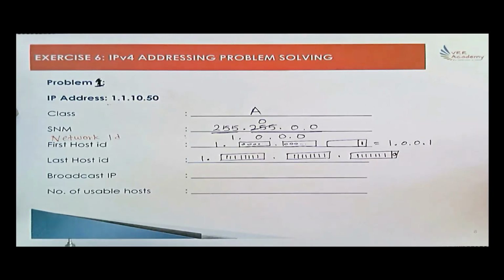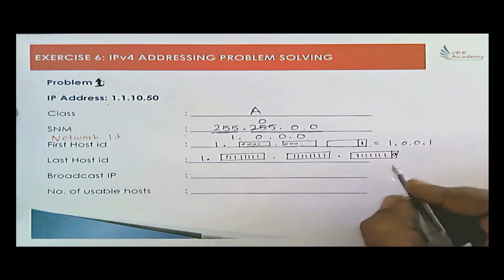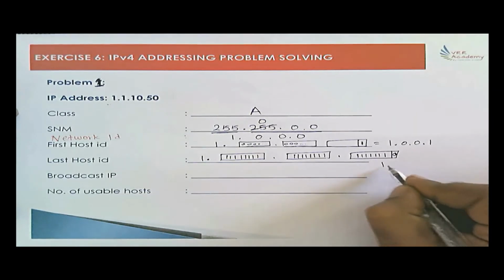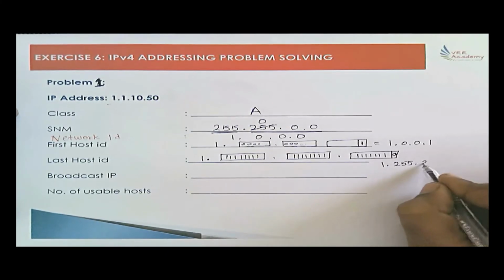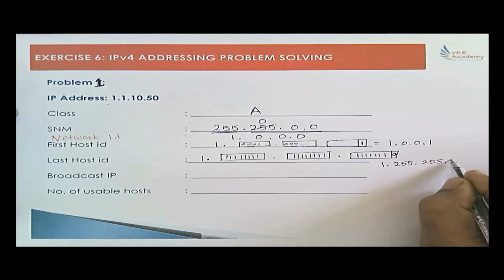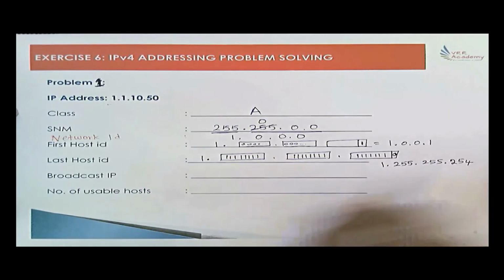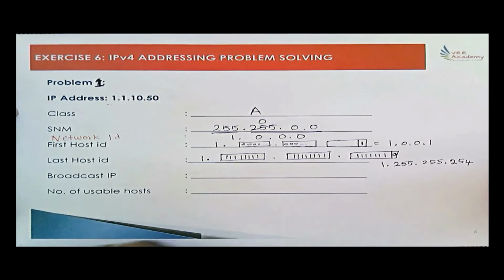This is your last host ID. The equivalent decimal value is 1.255.255.254. So 254, this is the last host IP address.